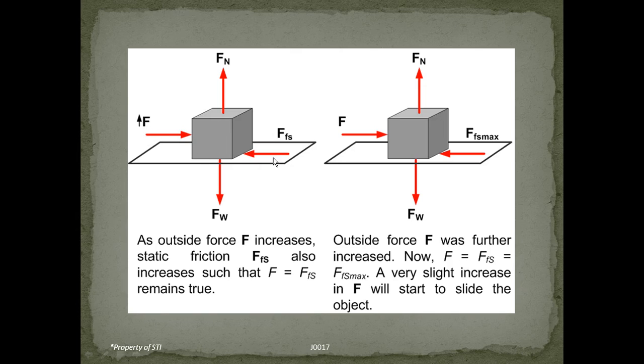Now, of course, by the presence of the frictional forces on the surfaces in contact, this force would be opposed by the static friction that exists between the block and the surface from which the object is resting on.